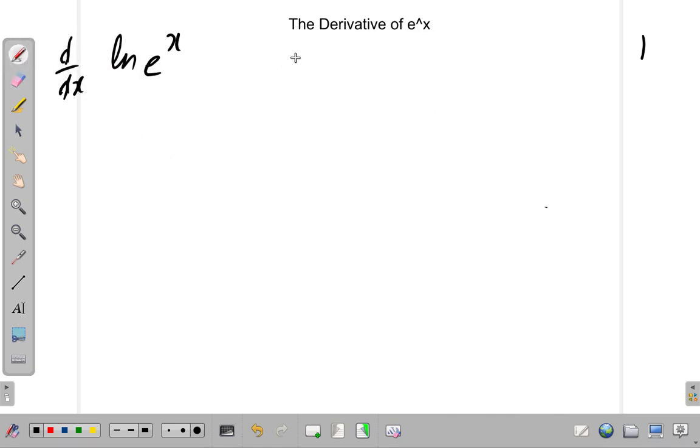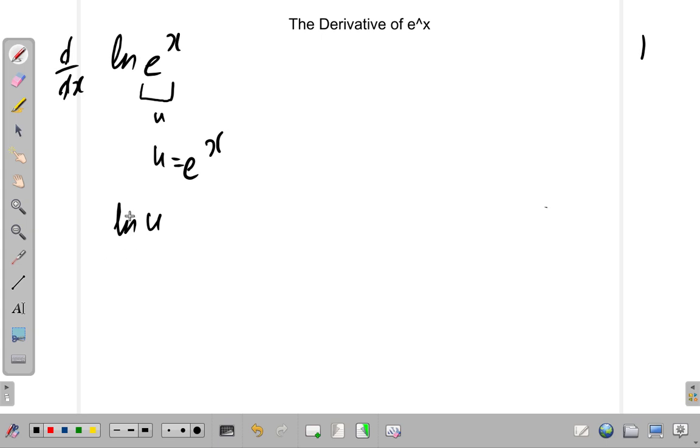Now, if we use the chain rule and we say that this part is u, so what we're finding is that u is equal to e to the x, and we're differentiating ln u. Alright?